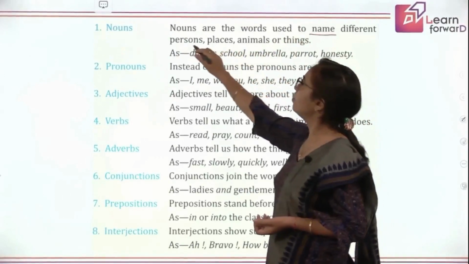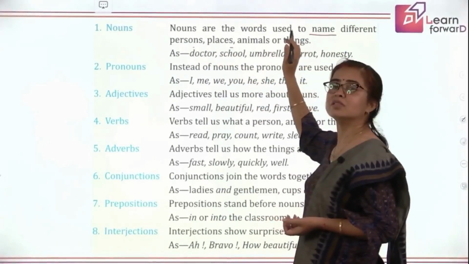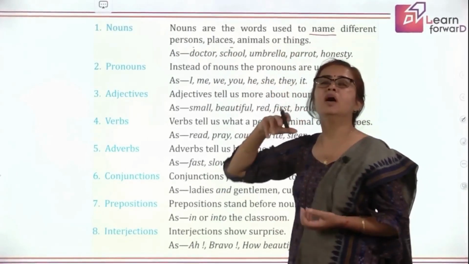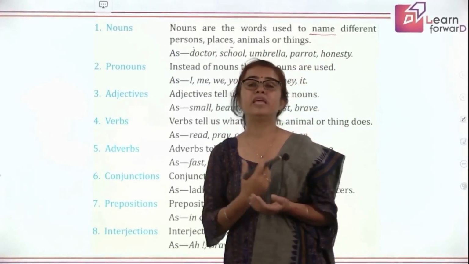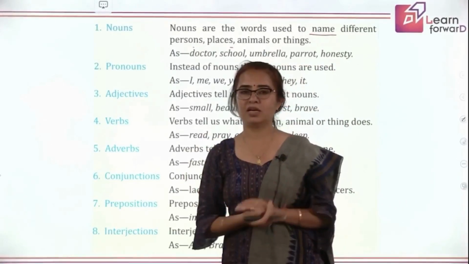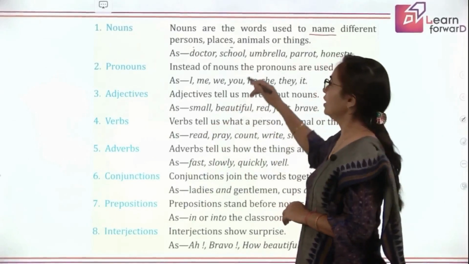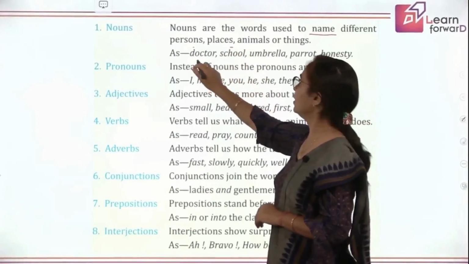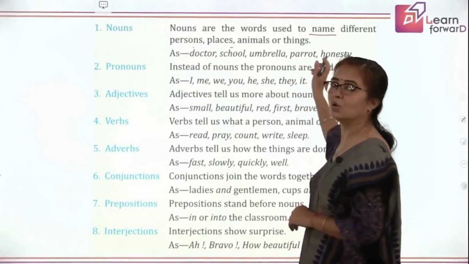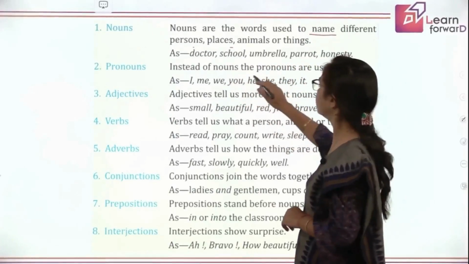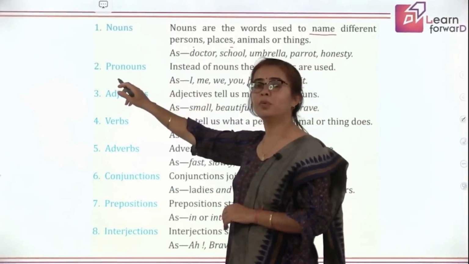They may name person, places, animals, things. You might give name to days or the months in a calendar. So they are all names. They are nouns. Like doctor, school, umbrella, parrot, honesty, all these are names. Next is pronouns.